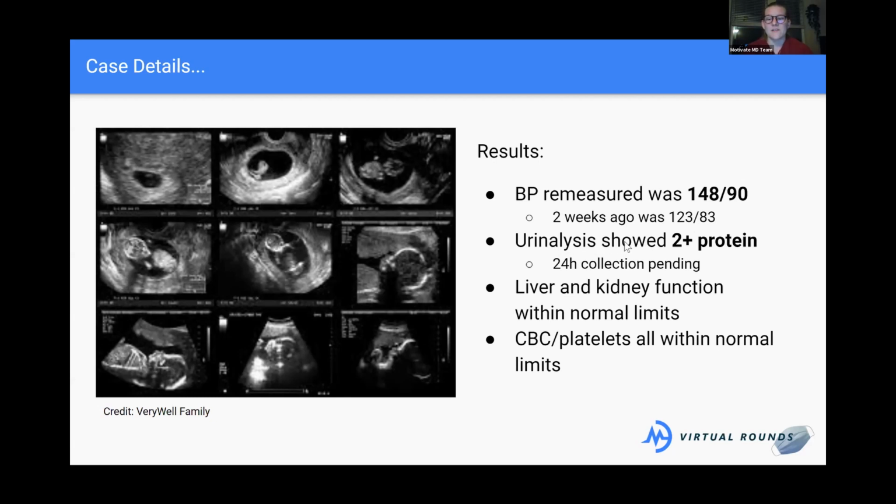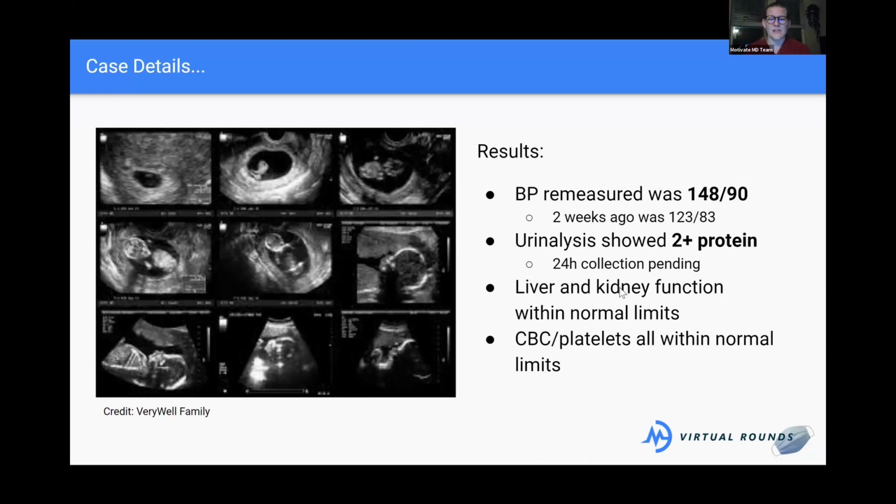And her urinalysis showed 2+ protein in the urine, with her 24-hour collection still pending, but this is still solid evidence that she has protein in the urine. And then her liver and kidney function were within normal limits. So that's good. That's reassuring that she does not have something like HELLP syndrome.